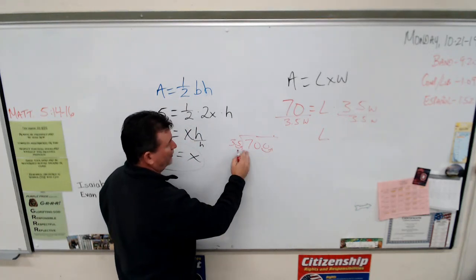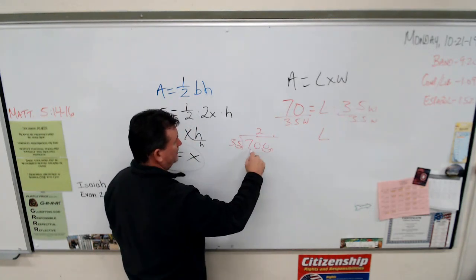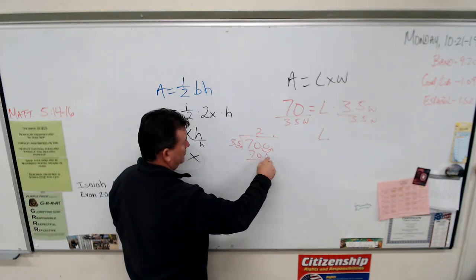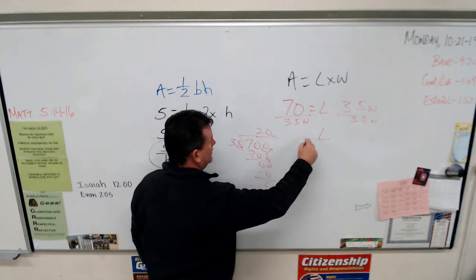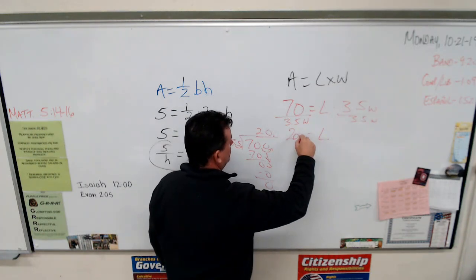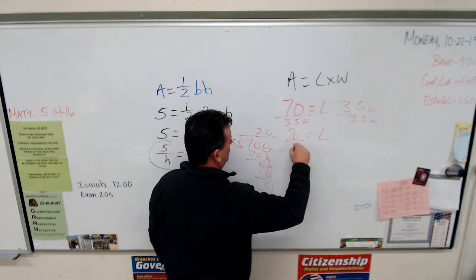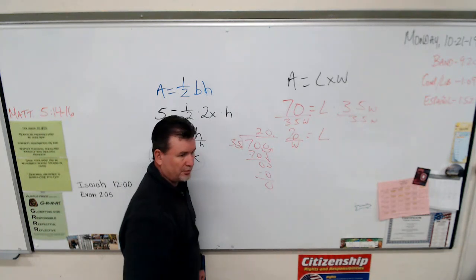How many times does 35 go into 70? Twice. Bring down 0. 20 over W.